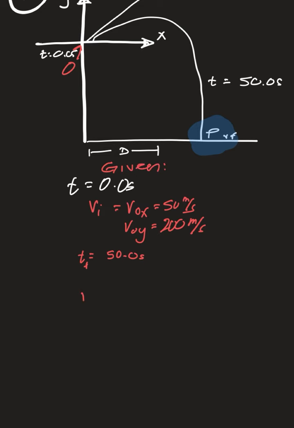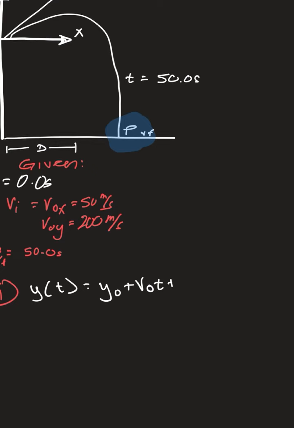So now first we use this equation: y equals y-o plus v-o-t plus half acceleration times t squared.